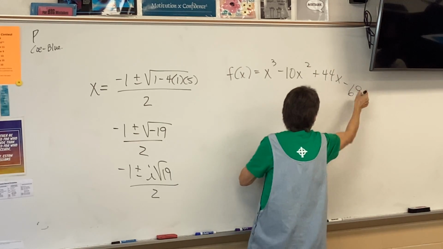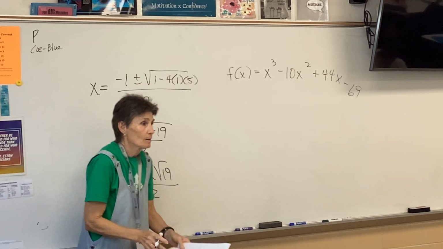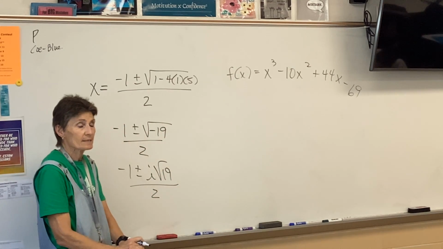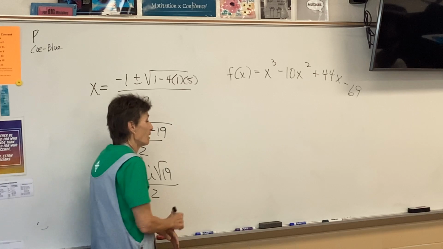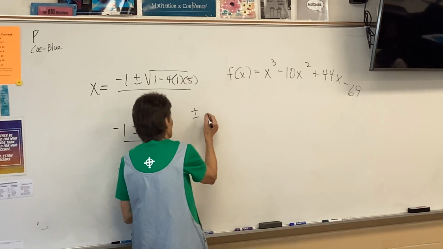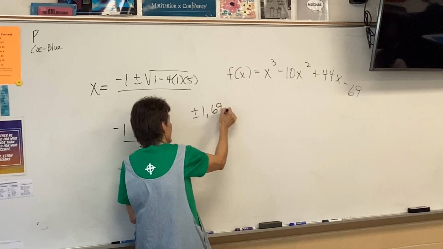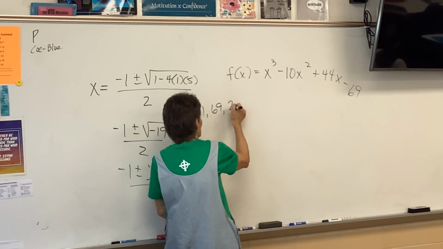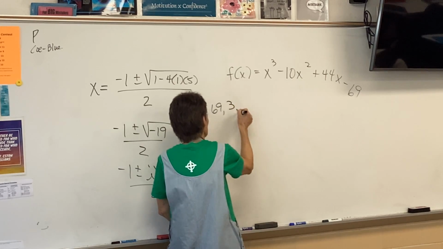Not at all. Okay, this looks terrible. Would you agree it isn't going to factor by grouping? What are our PRRs? Plus or minus 169, 2, 3 and 23?